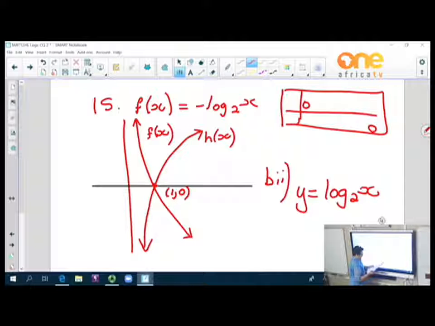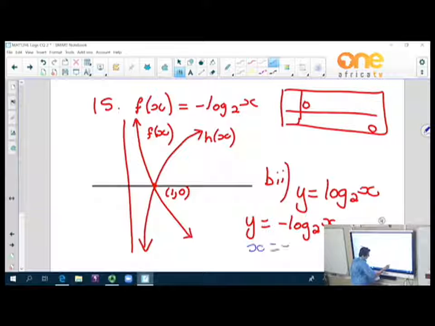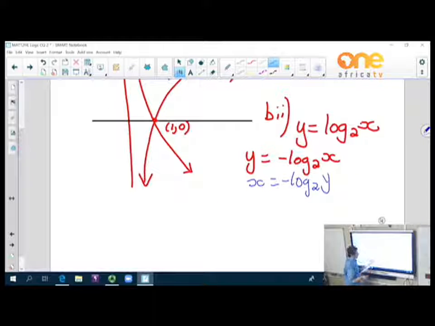And then the last one is, now remember this is a reflection. Now we need to find the inverse function. So if I start with y is equal to negative log base 2 of x, then how do we get inverse functions? We swap, isn't it? So x is then equal to negative log base 2 of y. And now we still have to give it as y is equal to, so y is equal to 2 to the power of negative x.